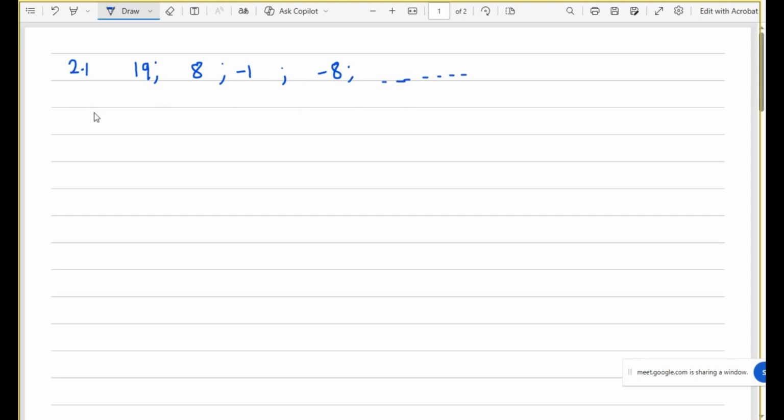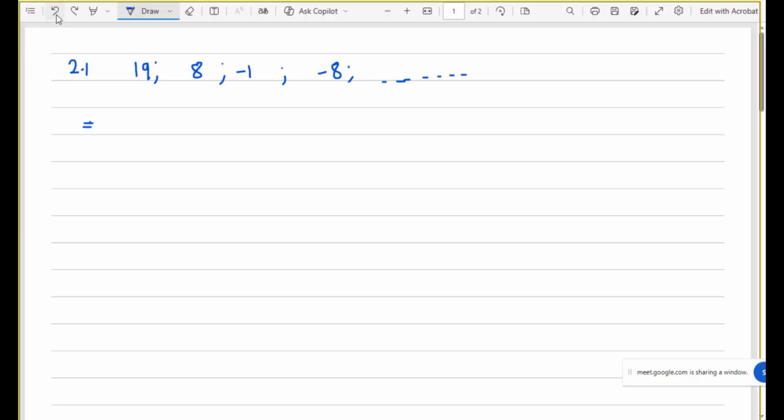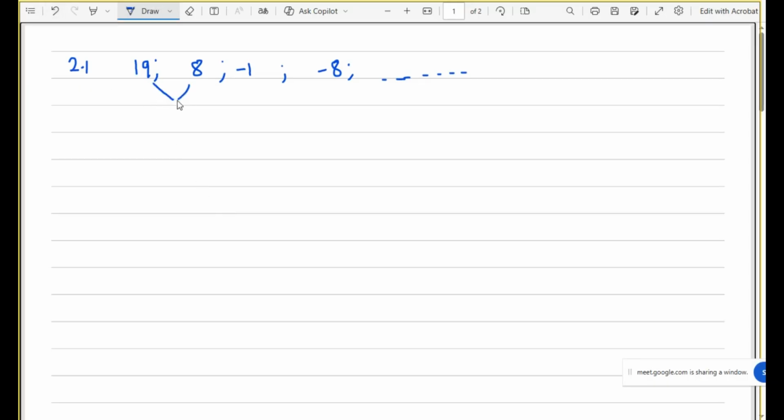I'm not going to answer the question yet. Let's first find the first differences. What is 8 minus 19? Minus 11, right? Then what is 1 minus 8? Minus 9.